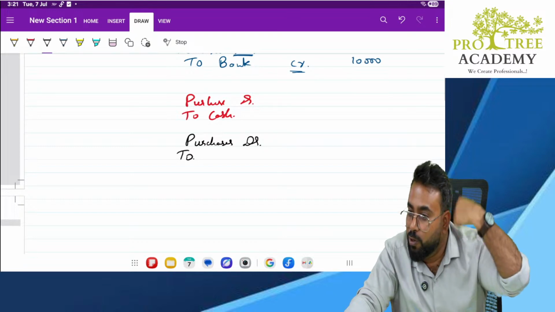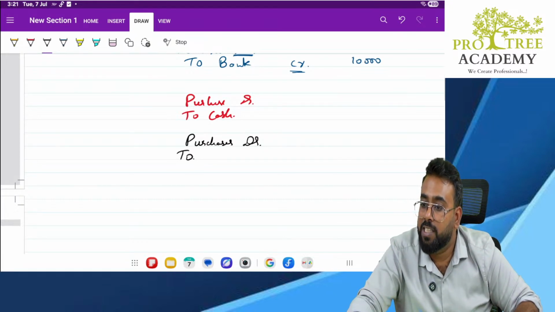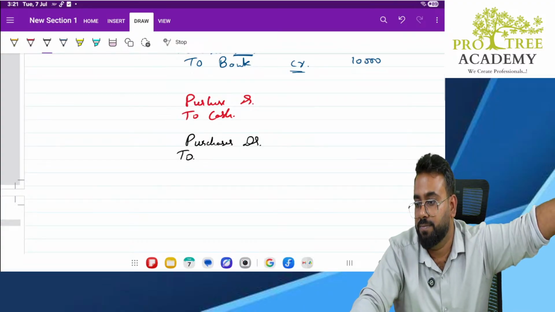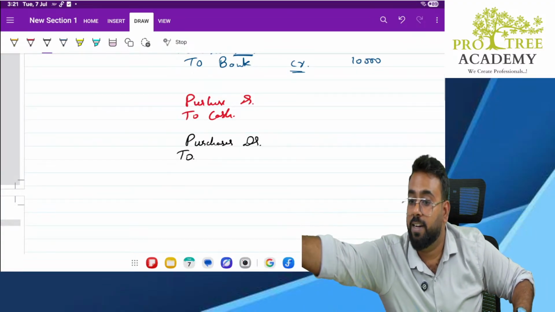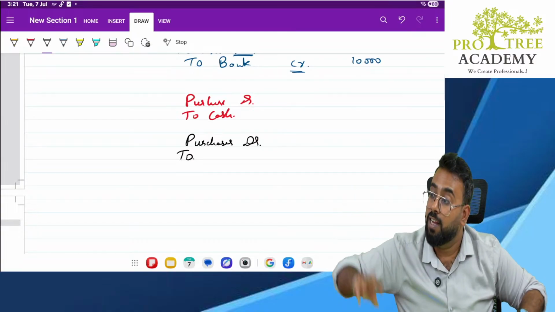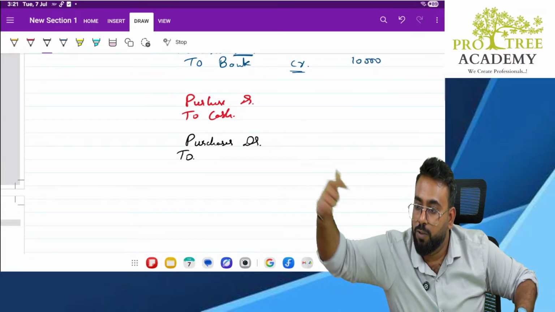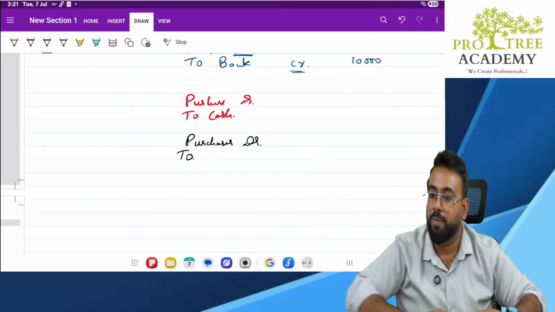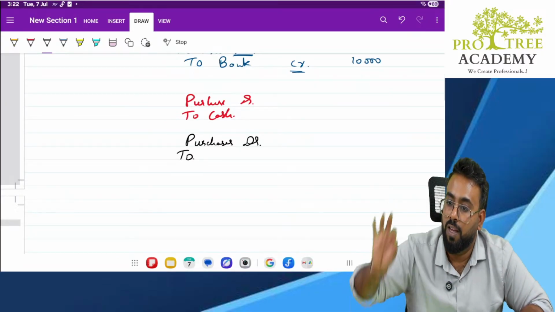Are we obligated to pay Mr. B? Yes. For what? What is the past event? Purchase of goods. Now, on settlement of which future economic benefit outflow is expected. Correct or no? So, what do you mean by this, sir? When I pay B, my cash will go out. So, future economic benefit outflow is happening. Clear or no? Yes. So, B fits the definition of liability.